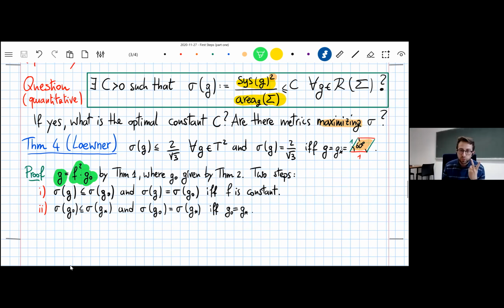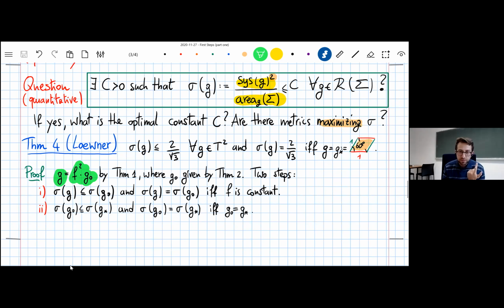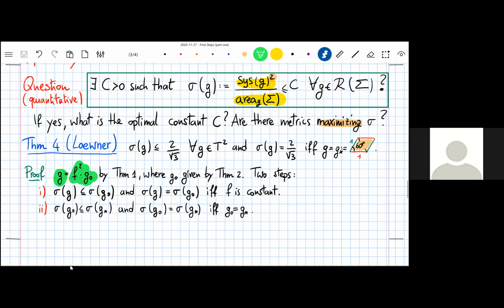And then basically you prove the inequality in two steps. The first step is to show that the systolic ratio of g is less than or equal to the systolic ratio of g0, your metric which is flat. And equality happens exactly if the conformal factor is constant. The second step is to find, among all flat metrics, the one with the biggest systolic ratio. And you see that this metric g star is exactly the one maximizing the systolic ratio.